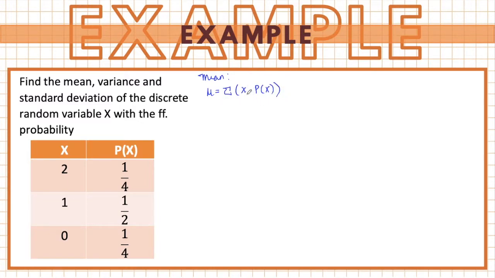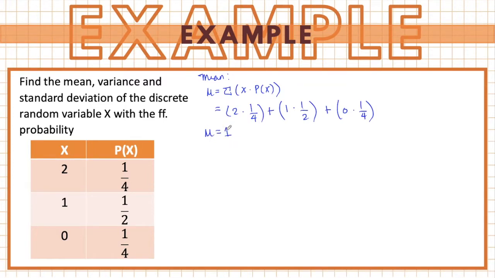So meaning we have to multiply the given random variable and its corresponding probability and then we add the products. So this will be 2 times 1/4 plus 1 times 1/2 plus 0 times 1/4. And the answer is 1.